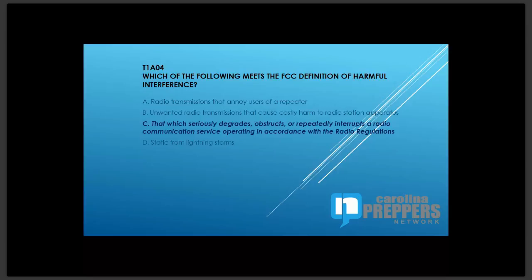Another option: unwanted radio transmissions that cause costly harm to radio station apparatus. I would think that they would be referring to something like an EMP or an electrical surge, a lightning storm. Those are acts of Mother Nature. The FCC doesn't consider lightning or acts of nature as being harmful interference.